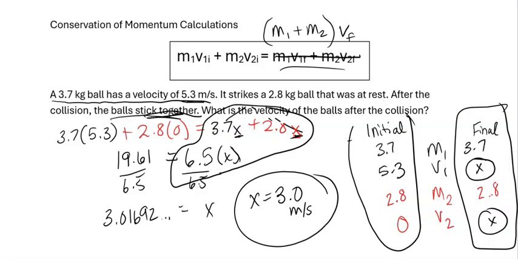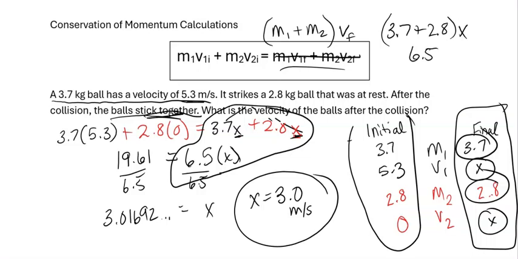If I were to take mass 1, 3.7, plus mass 2, 2.8, and then times it by that unknown velocity, well, 3.7 plus 2.8 still gives me 6.5x, which matches exactly what I have right here. So even though the formulas look quite different, they are equivalent. You just have to decide which formula and which method of solving makes the most sense to you.